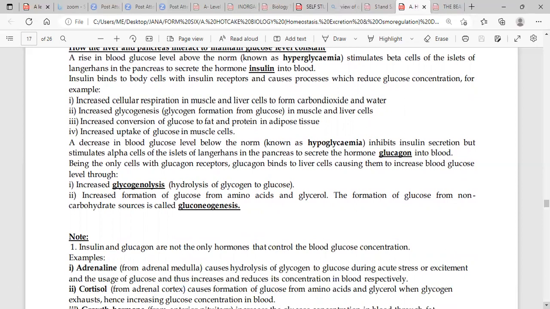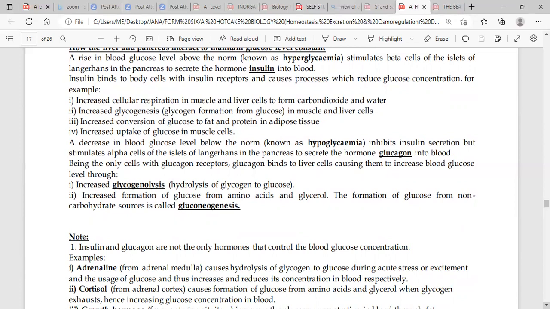We have increased formation of glucose from amino acids and glycerol. Those are the non-carbohydrate substrates. The process of formation of glucose from non-carbohydrate sources is known as gluconeogenesis.